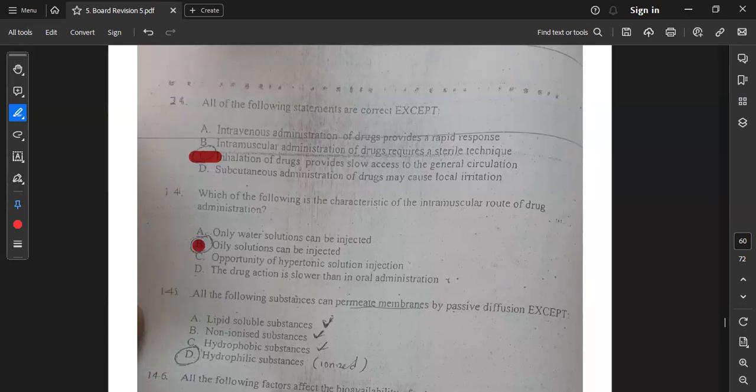For IM, apart from them being oily, IM drug action is slower, maybe slower than IV, faster than oral.